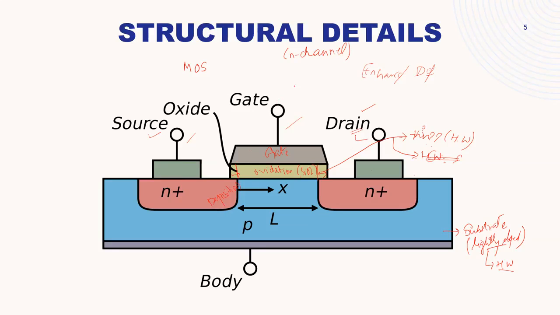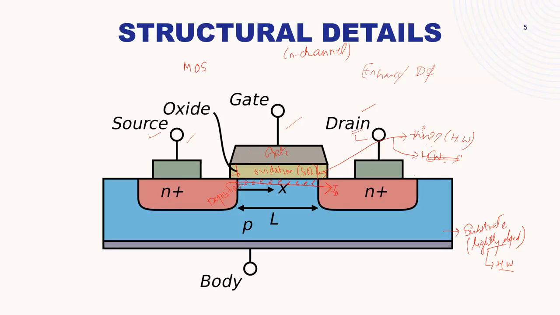Depletion MOSFETs, however, come with a channel already established, where I have electron, electron, electron, electron, electron, electron, electron. Just supply the voltage and the conduction will start happening. What did I do? Current, yes, ID. Current will start flowing from source to drain.